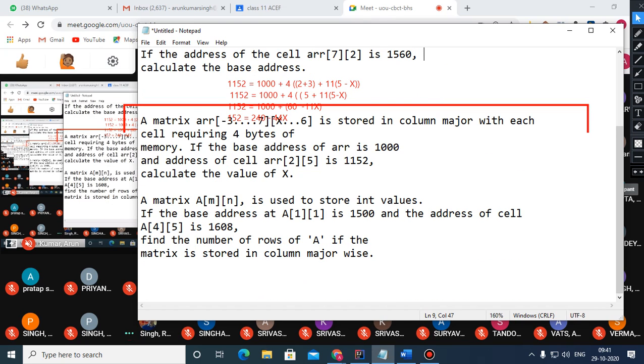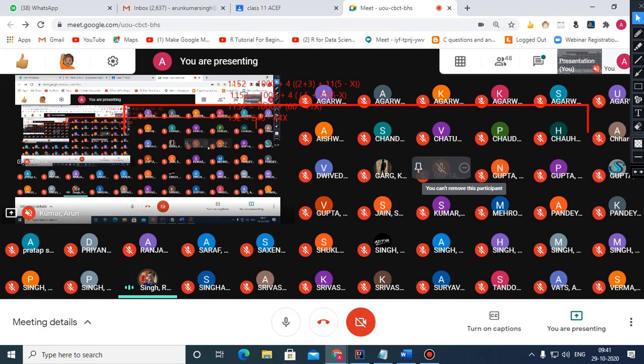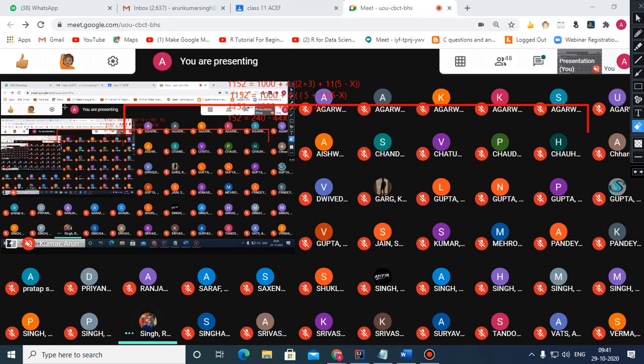Children, okay, columns and rows start at 0. In short, I would like to tell you that when you are using the formula column measure, then row is involved, and if you are using row measure, then column is involved.